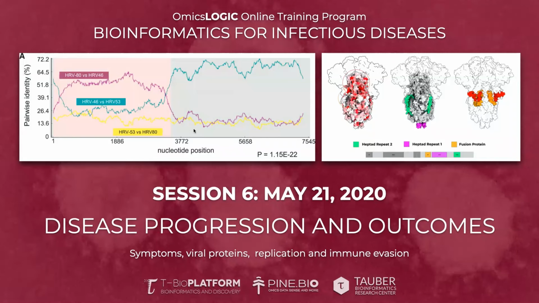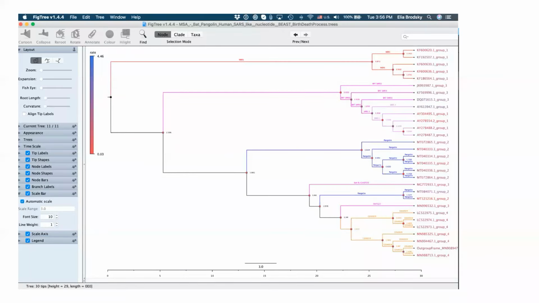So if we take this idea of similarity and we think about this glycoprotein, we can go back to our tree and the alignment and think about what are some of the reasons for the differences that we see. One of the things that we saw from the similarity plot is this section of the tree right here.